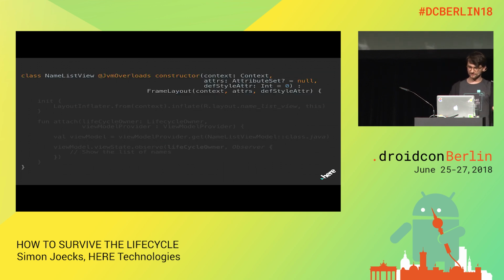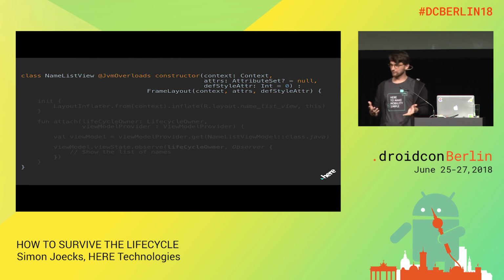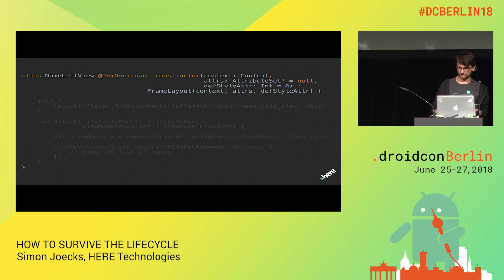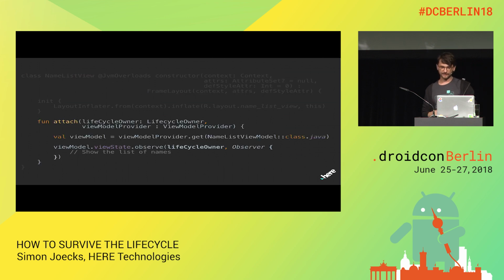So we pass this down, and this is how a possible custom view could look. With Kotlin, it's quite nice because the constructor is very thin. And in the attach method, we are doing exactly what we used to do in the fragment. We get the view model, and then we observe it, but with the given lifecycle.